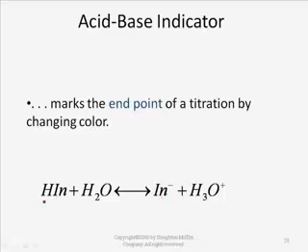Okay, so HIn, this is some weak acid that is our indicator. In would be the conjugate base of it. And so basically an indicator is something where the acid and the conjugate base are different colors in solution.